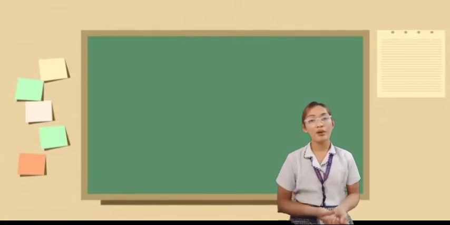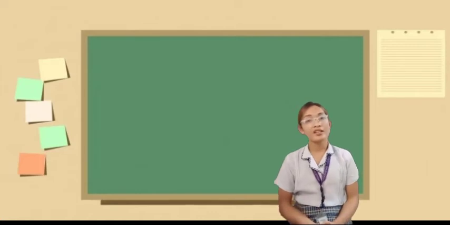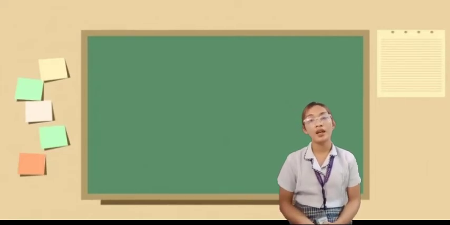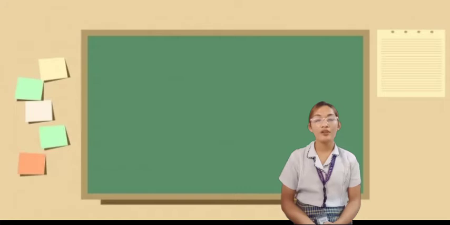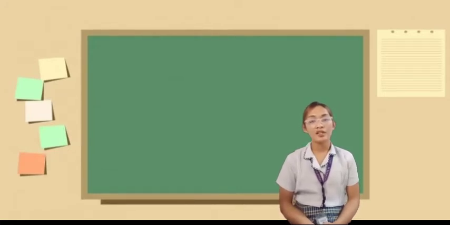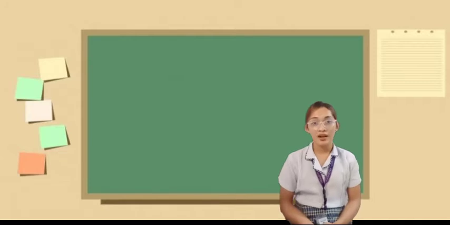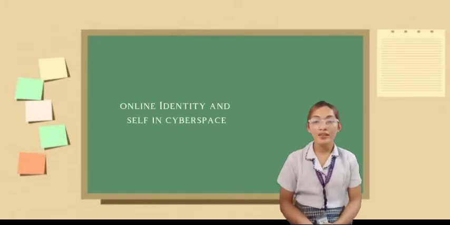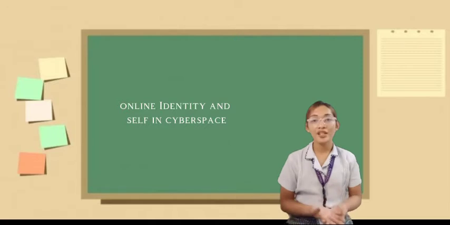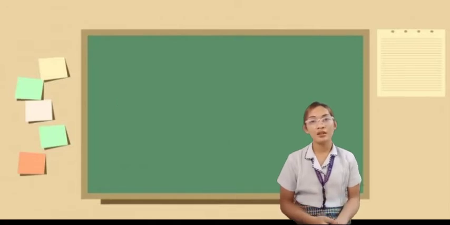But before we go on to our discussion, let us first determine the objectives of this module. First, you are expected to discuss online identity and the self in cyberspace and user ID.